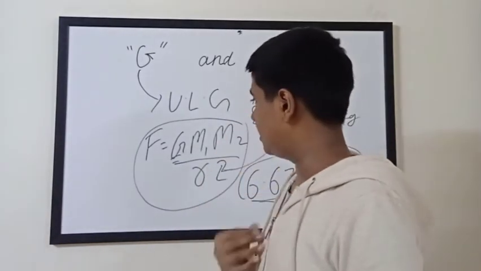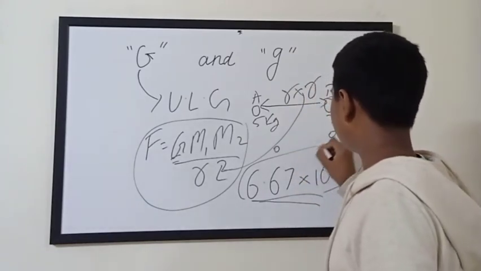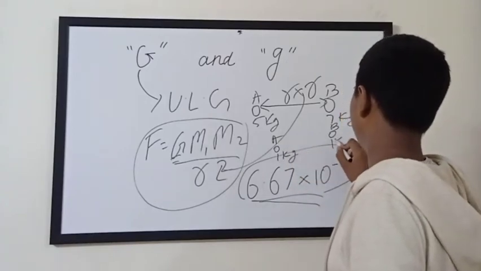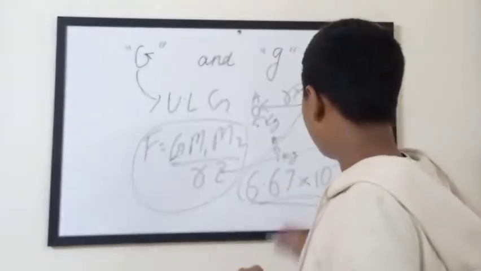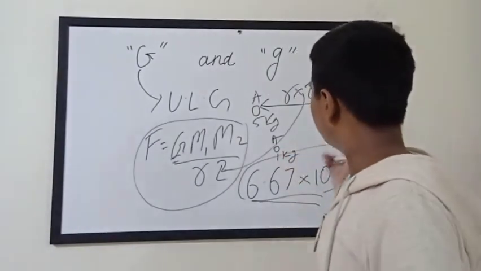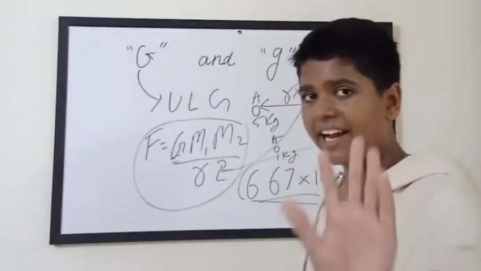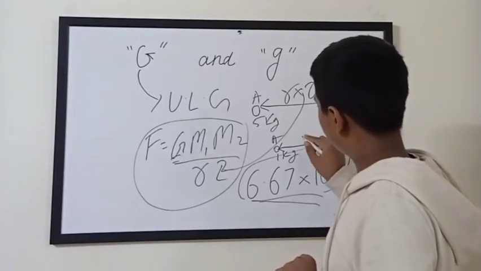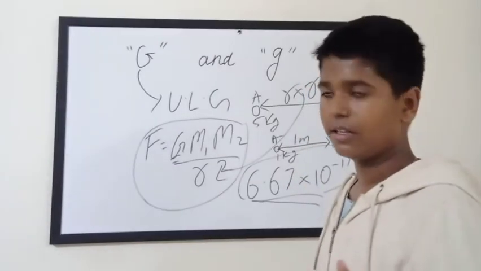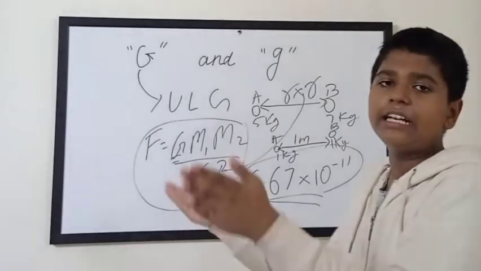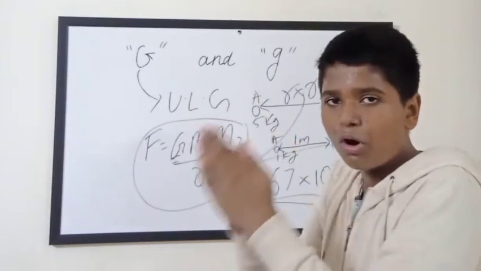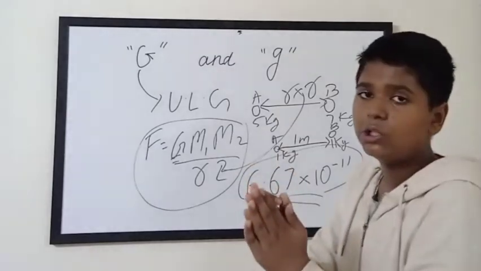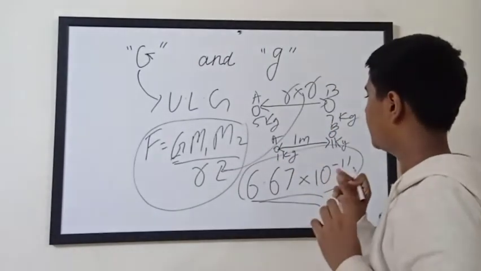If there are two balls of 1 kg each, and they are separated by 1 meter, the gravitational attraction between those two balls will be equal to 6.67 into 10 raised to the power of minus 11.